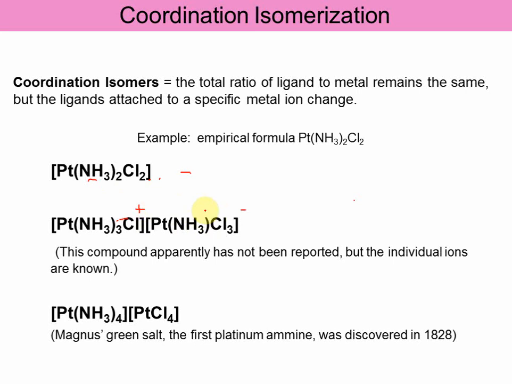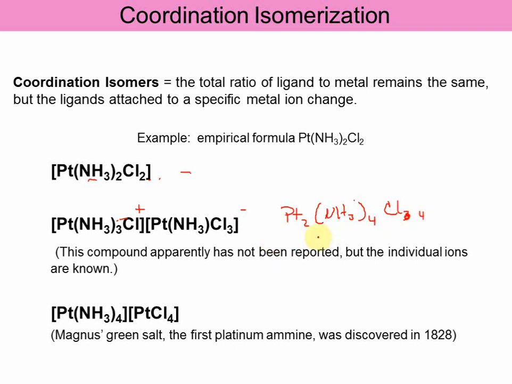So there's 2 platinums, so platinum 2, and then NH3, there's 3 here, 1 here, so a total of 4, and a total of 4 chlorines. So if we reduce this down, we still have the same ratio.